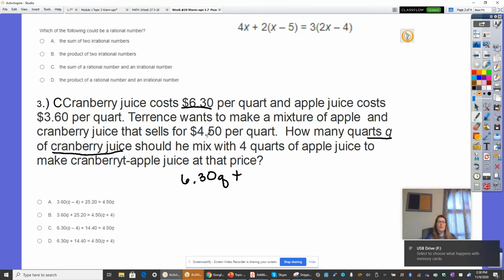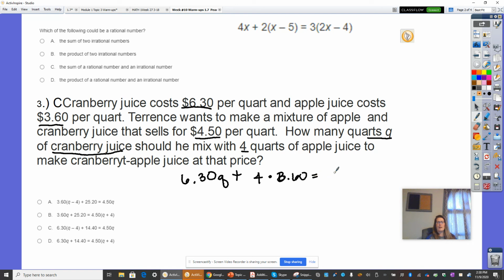We also know that we are going to be mixing 4 quarts of apple juice, and the apple juice costs $3.60 per quart. So 4 times $3.60, and we have to make that equal to $4.50 times the number of quarts of cranberry juice plus the 4 quarts of apple juice. Okay, now let's simplify this.